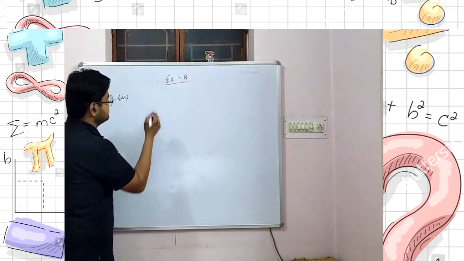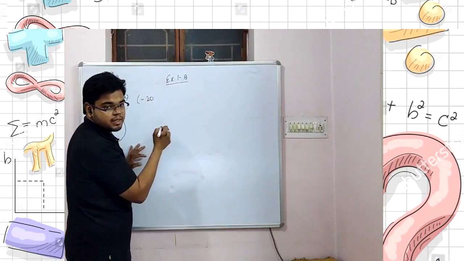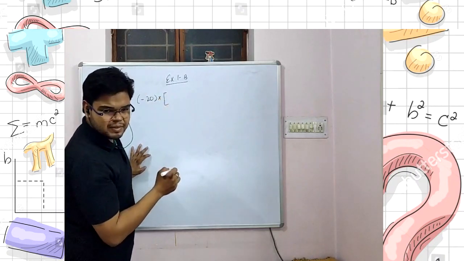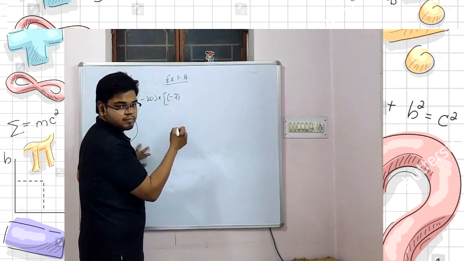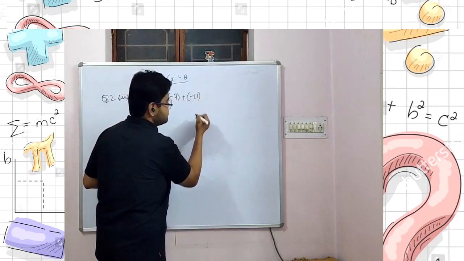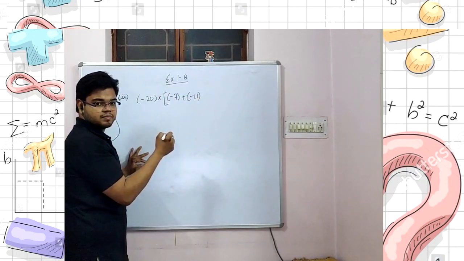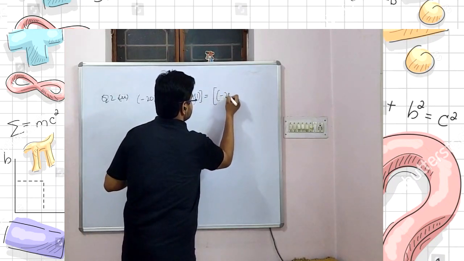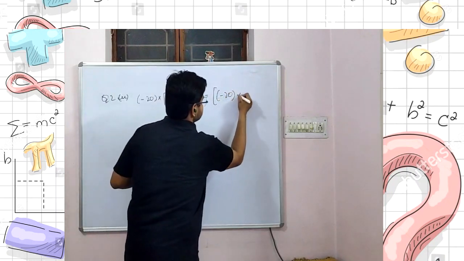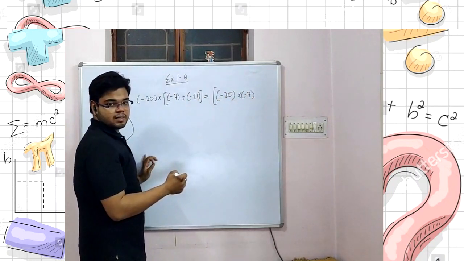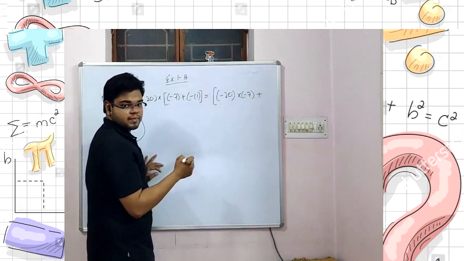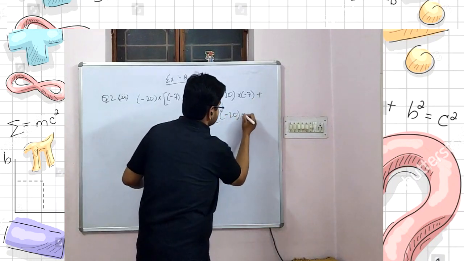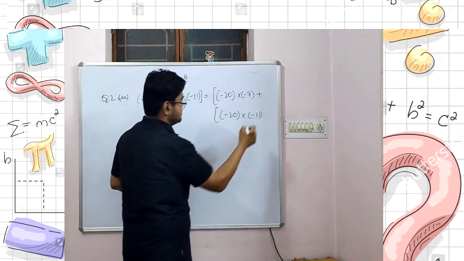So minus 20 into minus 7 plus minus 11 equal to minus 20 into minus 7 plus minus 20 into minus 11. Okay, children.